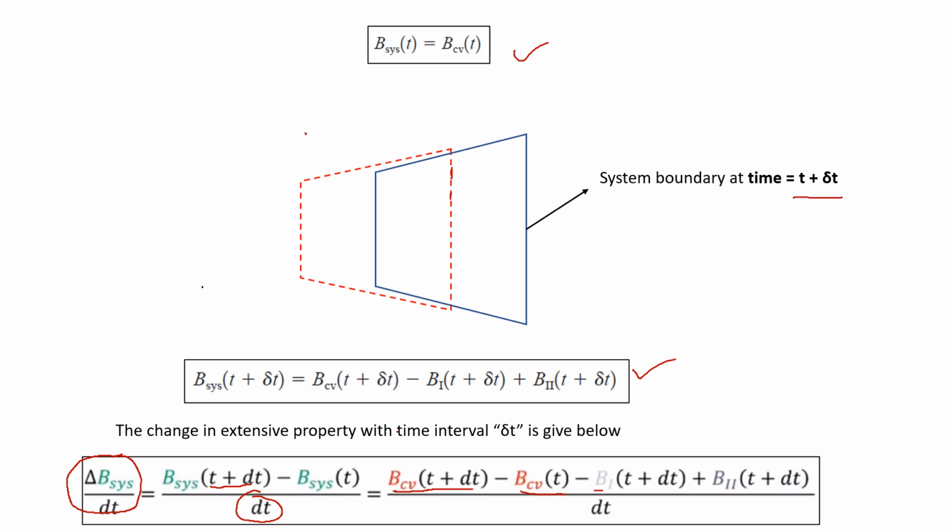Then again this term, that is the extensive properties of the fluid going into the system, the extensive properties of the fluid going out of the system, and this whole divided by dt, because we are more concerned about the rate, the change with respect to time. So that is why we are using d by dt for this equation, to see the rate of change in these extensive properties with respect to time. So how will this equation look like? We will move to the other slide.